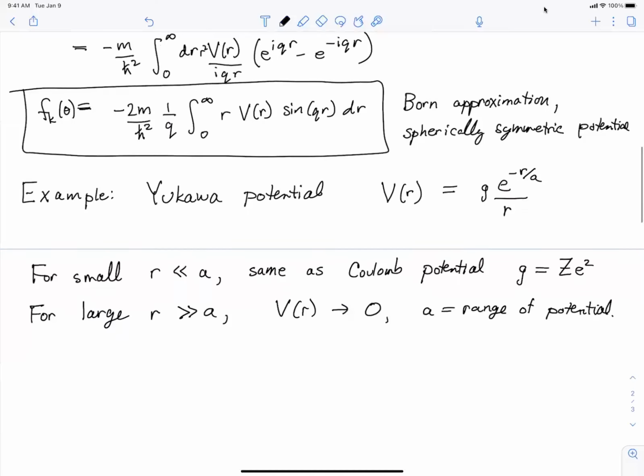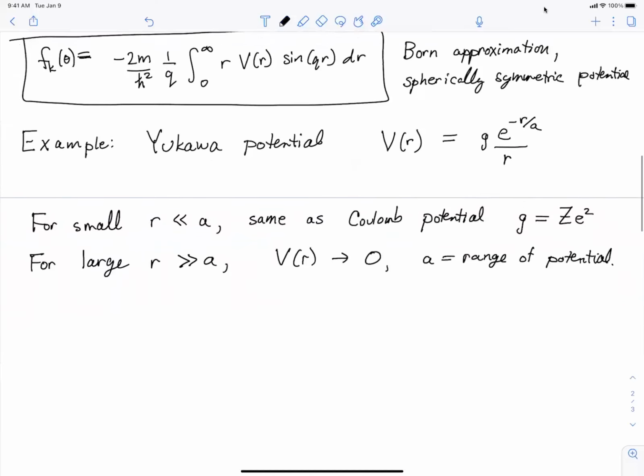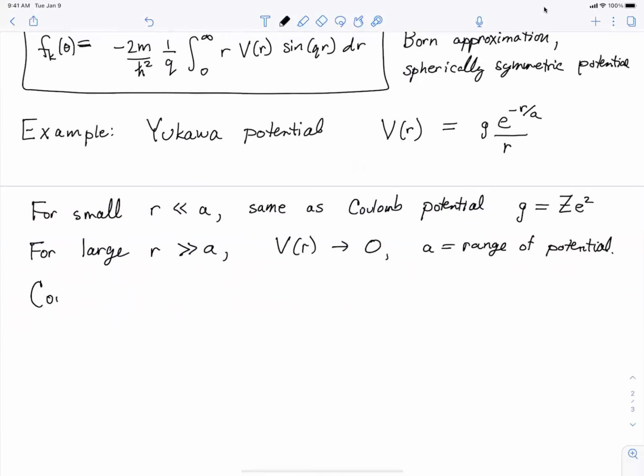But it's going to be a finite cross-section in this case, just because of the factor a there, which is sort of cutting off the potential at a certain distance. Okay, so Coulomb is Yukawa with the range a taken to infinity.